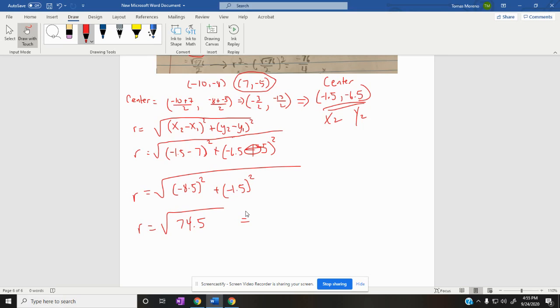So 74.5, the square root of 74.5, I get 8.6313338.